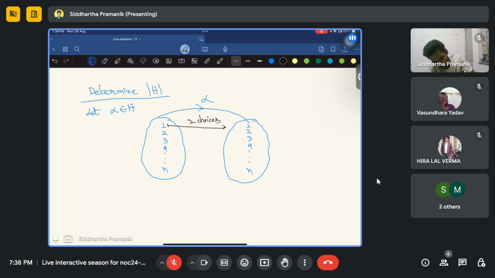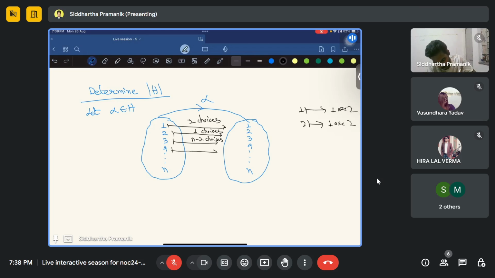So if you send 1 to any one of the choices, then 2 has only one choice, right? Because 2 also maps to 1 or 2. But in case of 3, you can map it to any of n minus 2 elements, correct?